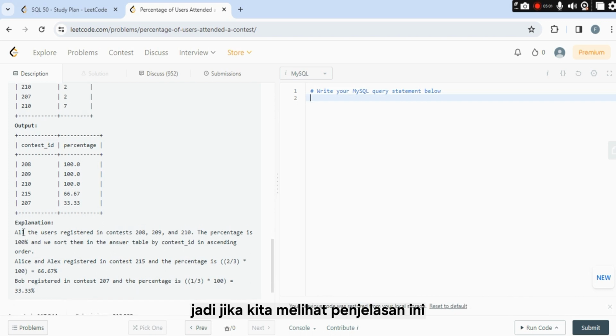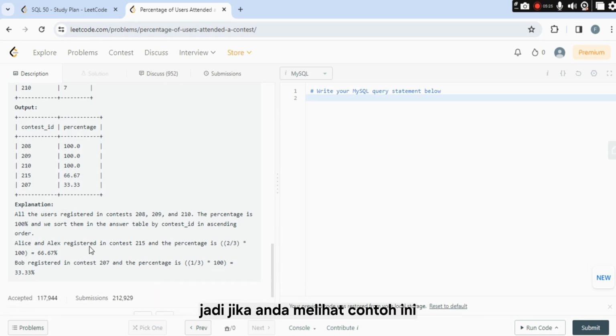If we look at this explanation, all the users registered in contests 208, 209, and 210, so the percentage is 100%, and we sort them in the answer table by contest ID in ascending order.